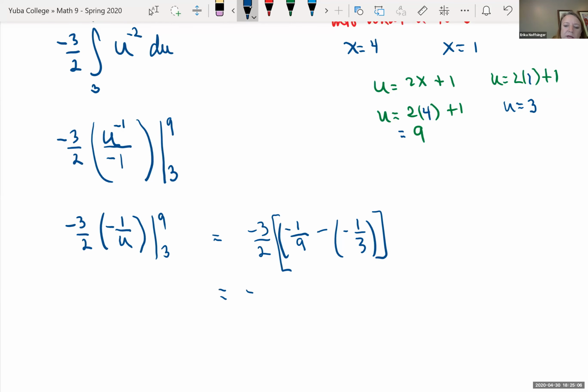So this is -3/2 all times -1/9 plus 1/3. I notice I need a common denominator, and so we can rewrite that as 3/9.